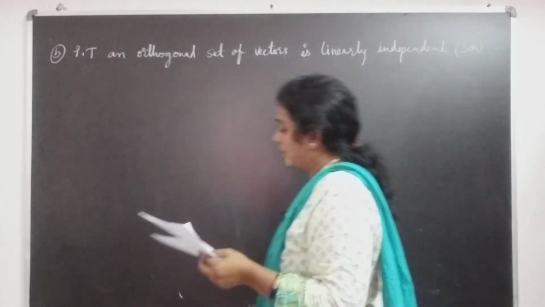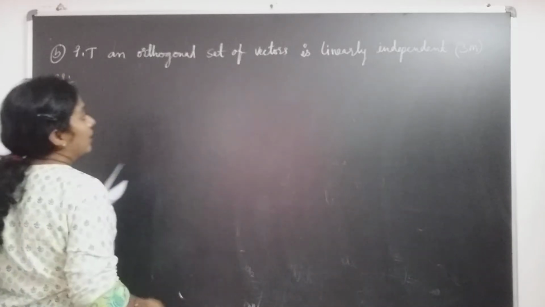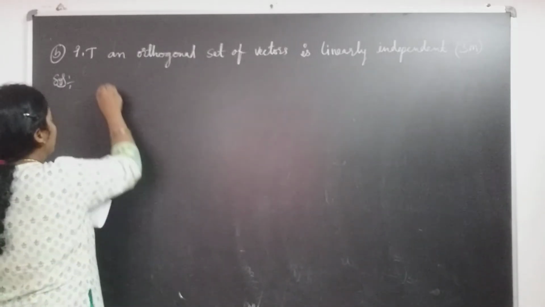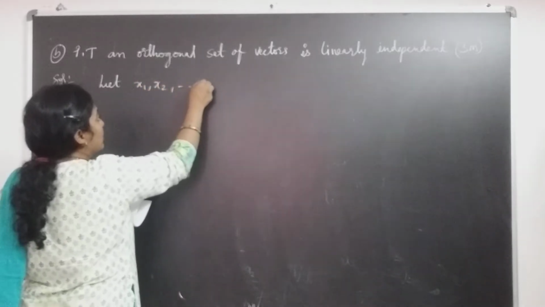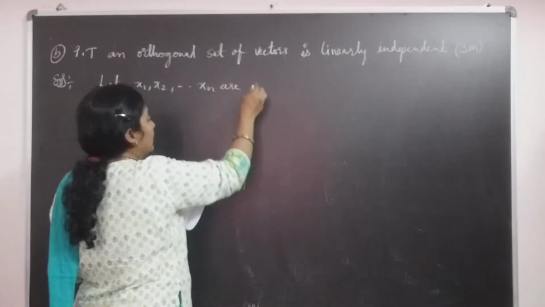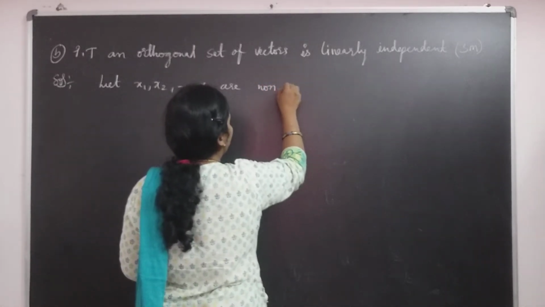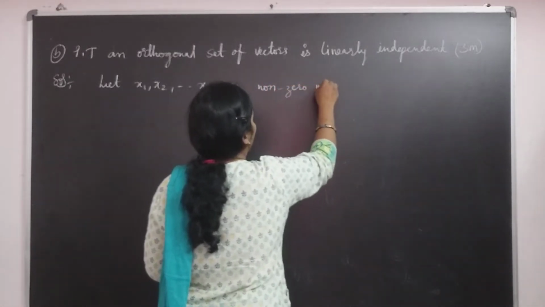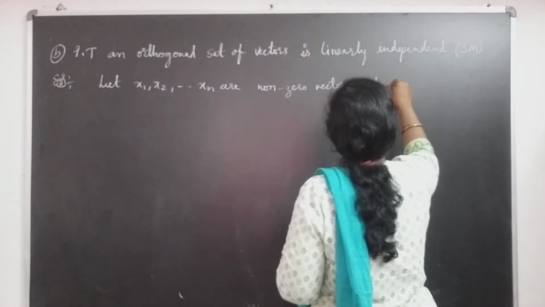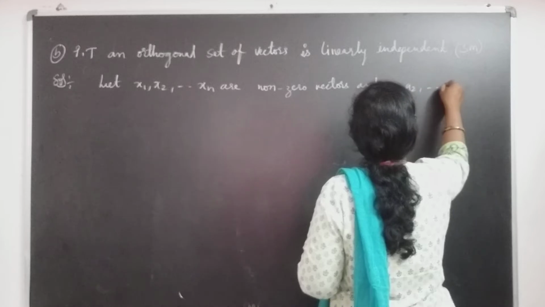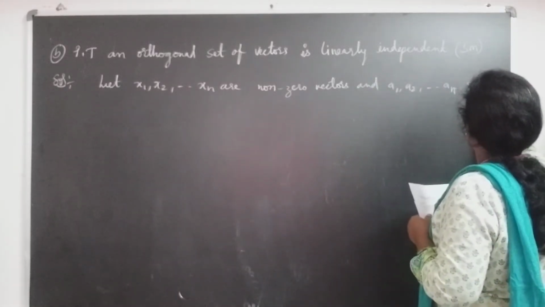In this, first, what is the linearly independent condition? Let x1, x2, so on, xn be non-zero vectors and a1, a2, so on, an be scalars.